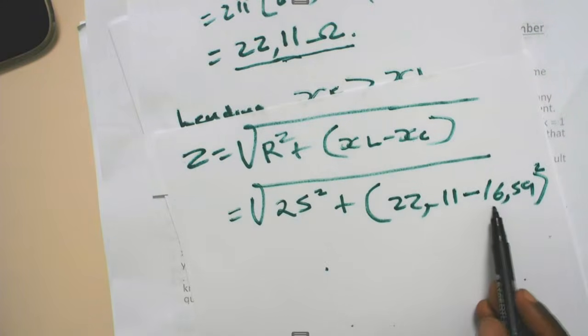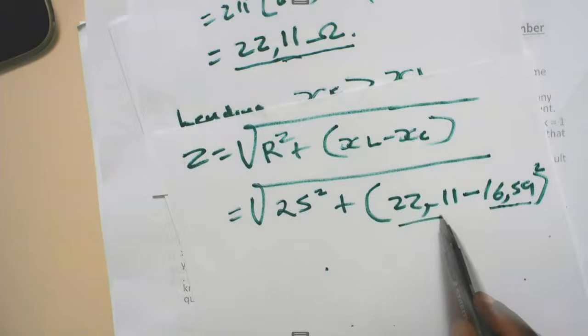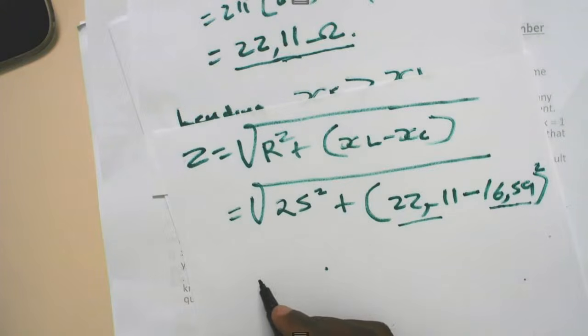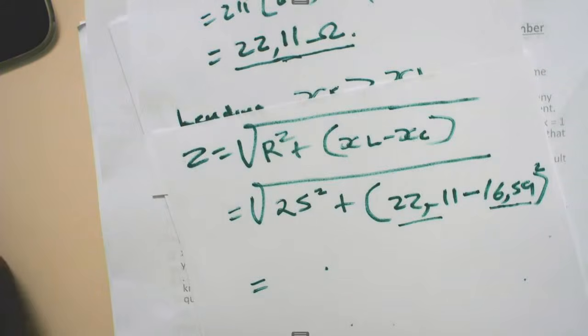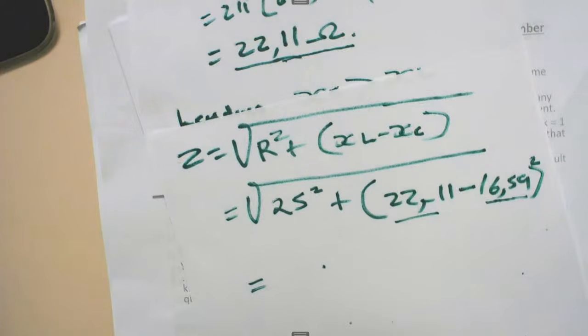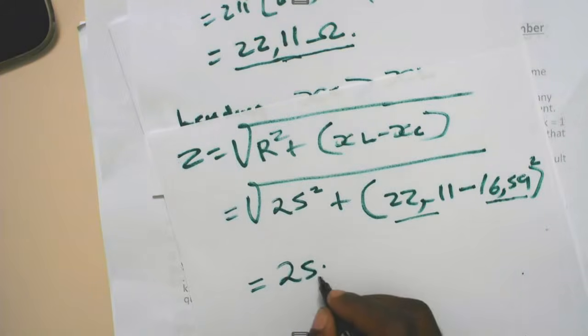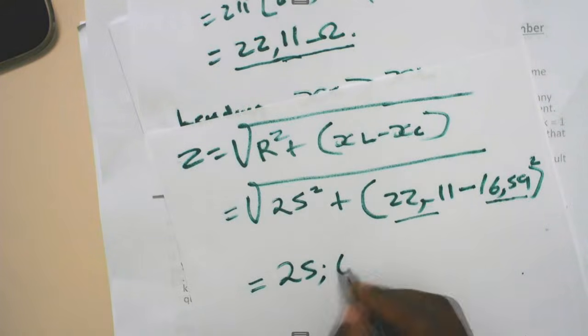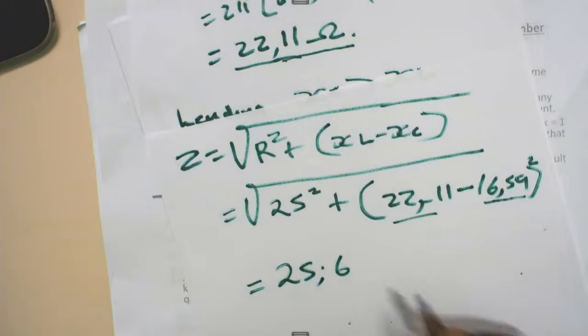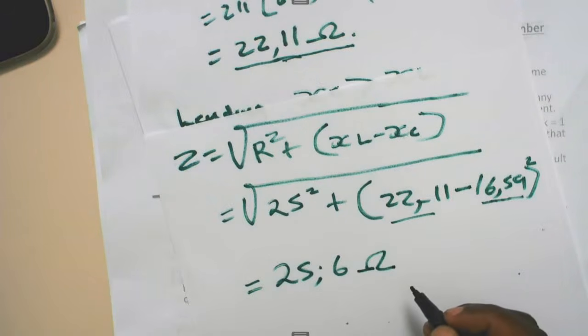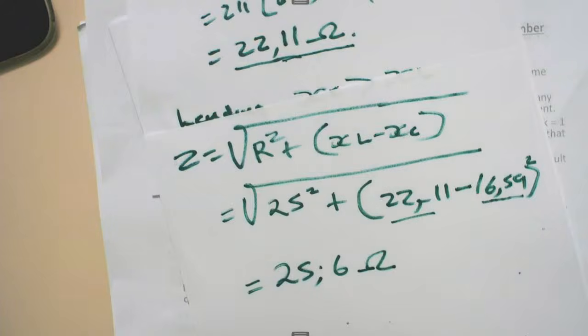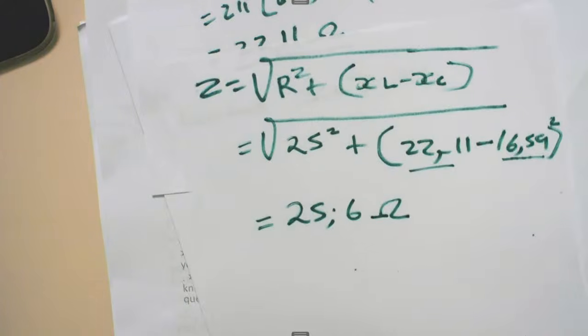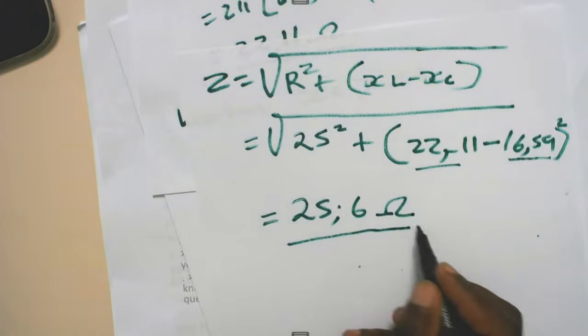This is our XL, this is our XC. So our answer here will be 25,6. Yes, 25,6 ohms. Now this is the correct answer.